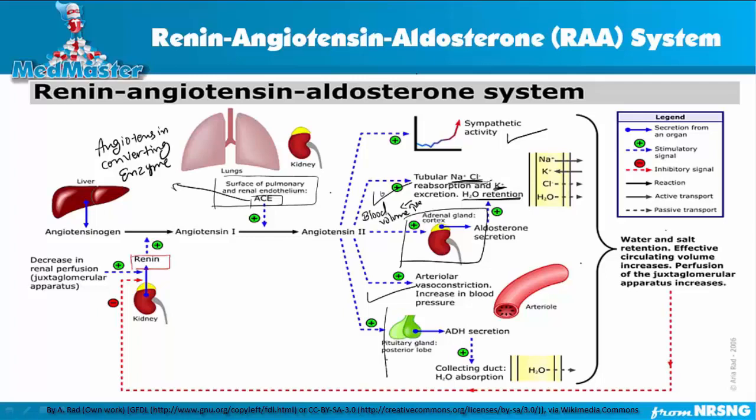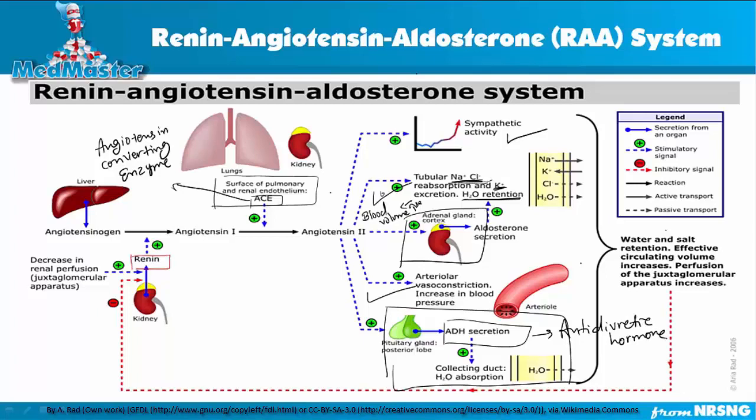And the final effect that angiotensin 2 has is on the collecting ducts of the kidney. The collecting duct is the main site where all the water excretion or reabsorption happens. So what it's going to do is go to the pituitary gland and increase the secretion of ADH, which is also called antidiuretic hormone.